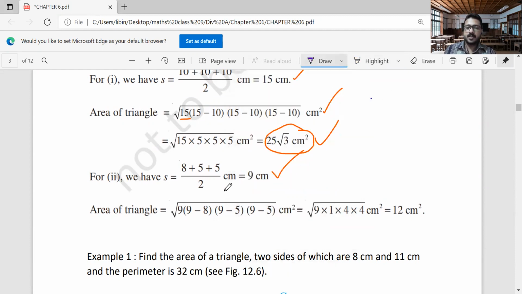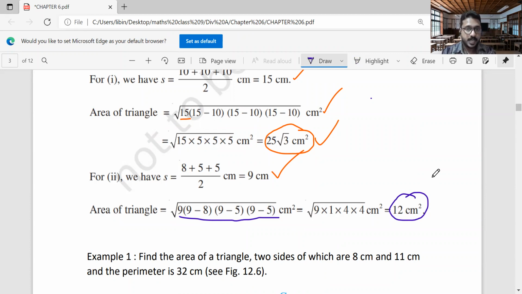Clear? Now we are finding the square root of s into s minus a into s minus b into s minus c centimeter square. That is, we can find the area of the triangle as 12 centimeter square. And again, we can verify this by using half into base into height.